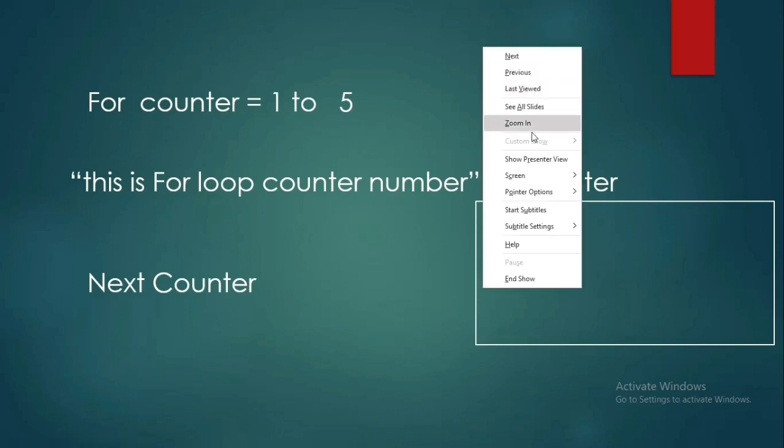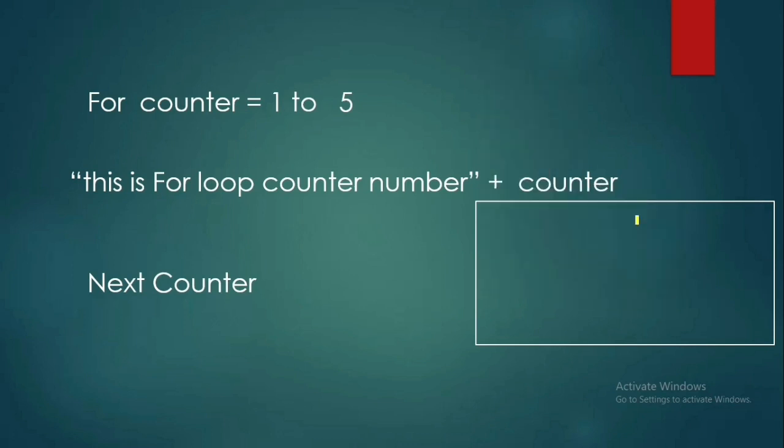If I open my laser pointer over here, this is where the loop starts, and this is where the loop either ends or goes to the next number. These three lines will keep repeating until this condition is satisfied. This is what loops mean.